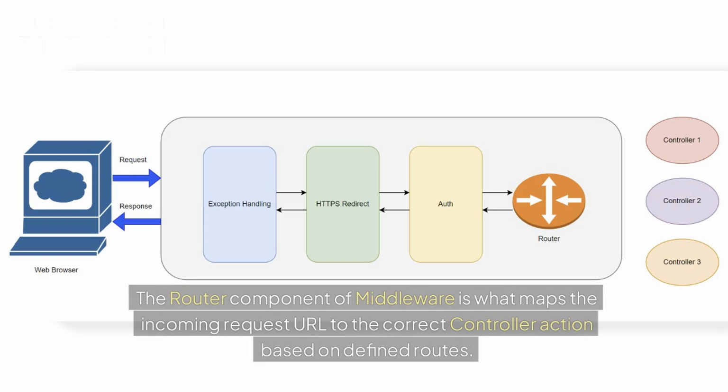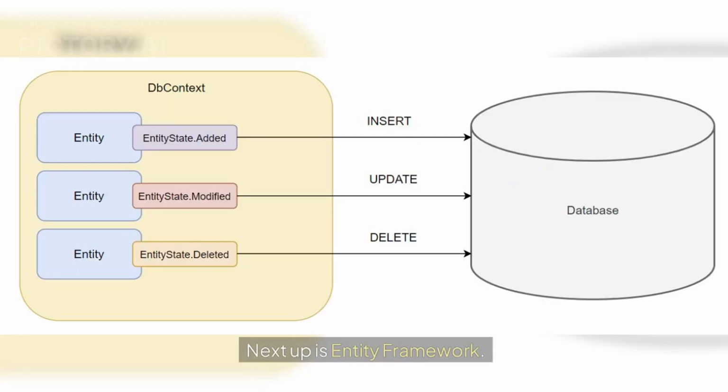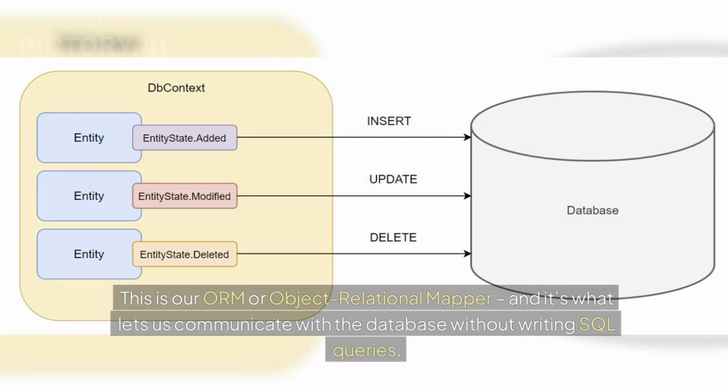The router component of middleware is what maps the incoming request URL to the correct controller action based on defined routes. Next up is Entity Framework. This is our ORM, or Object Relational Mapper, and it's what lets us communicate with the database without writing SQL queries.